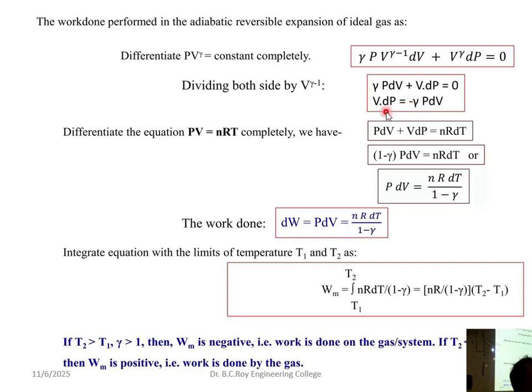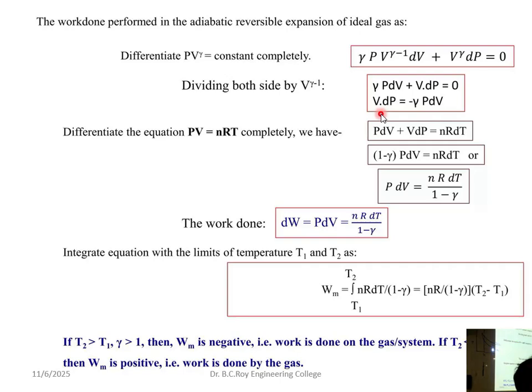What is the value of gamma? For monatomic 1.66, write down. Gamma values for monatomic 1.66, for diatomic 1.44, for triatomic 1.33, and so on. And normally molecules are monatomic, diatomic, triatomic, right? So I am not going for higher.